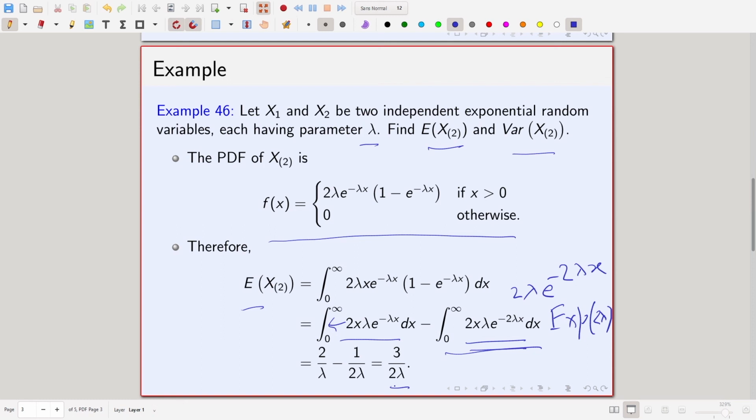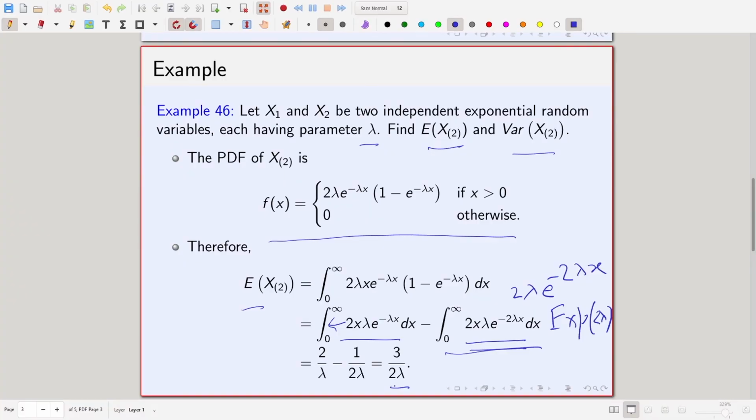So here, since it's just 2 random variables, x2 is basically the max of x1 and x2. So you are trying to find the expectation of the maximum of 2 independent exponential random variables, each having parameter lambda. You already know about the minimum: the minimum of 2 exponential random variables is again exponential with parameter just the sum of the parameters.